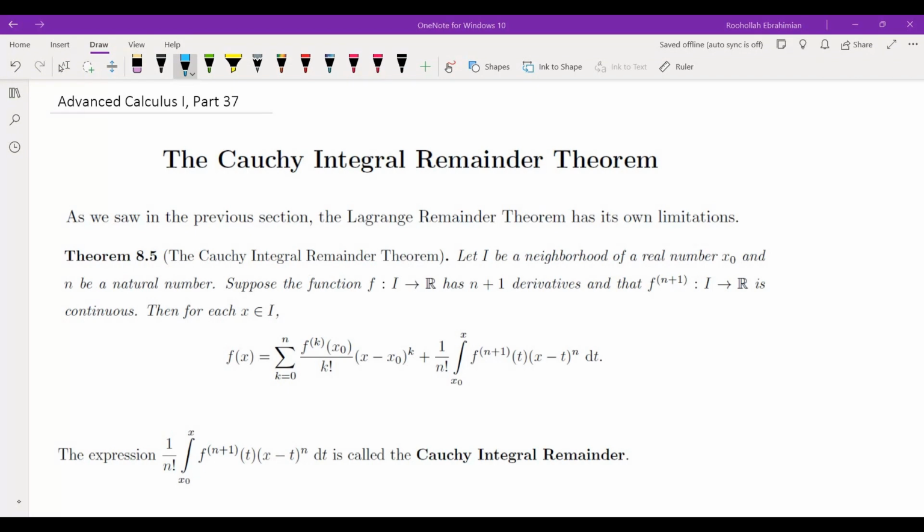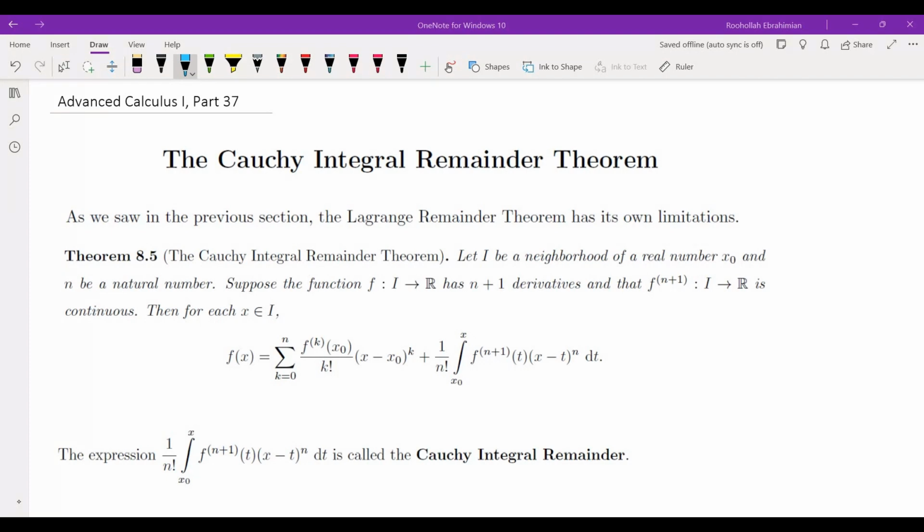If you recall, in the last video we talked about the Lagrange remainder theorem, and we saw that in some instances the Lagrange remainder theorem is not powerful enough. In other words, it cannot prove things that are true. The reason was the c in the Lagrange remainder theorem, which did not give us much information.